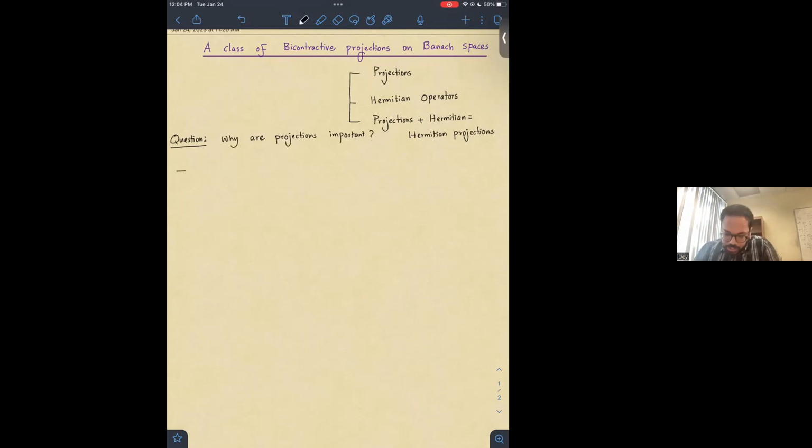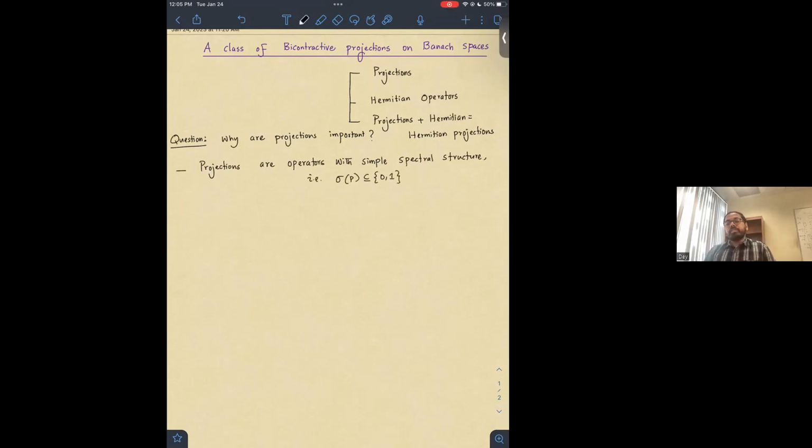The first thing that I would like to tell you is projections are operators with a very simple spectral structure, because we love operators which have simple spectral structure. What does it mean? It just means that the spectrum is actually inside {0, 1}.